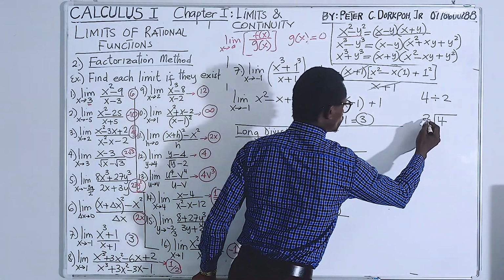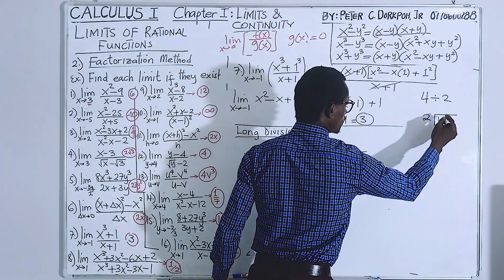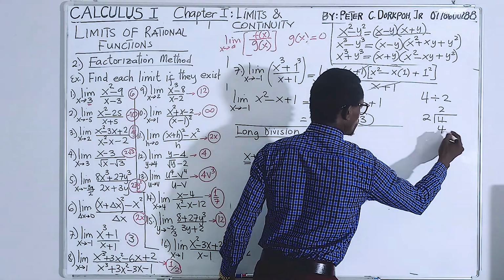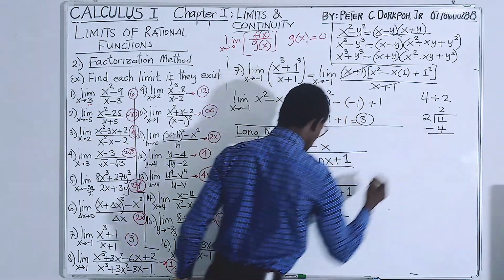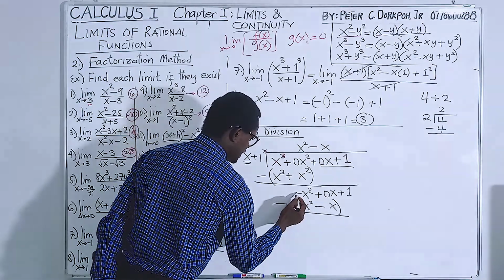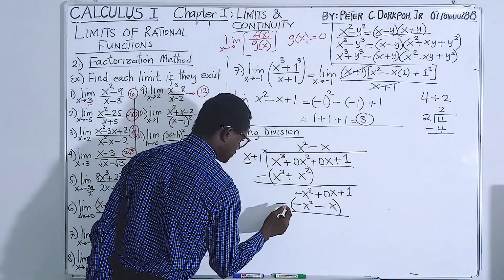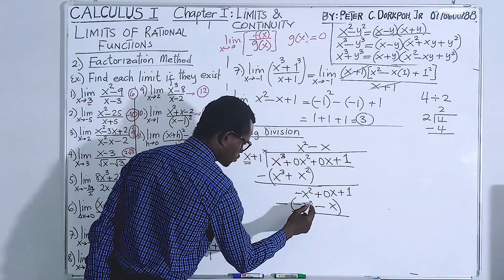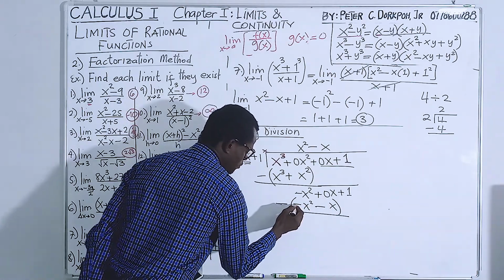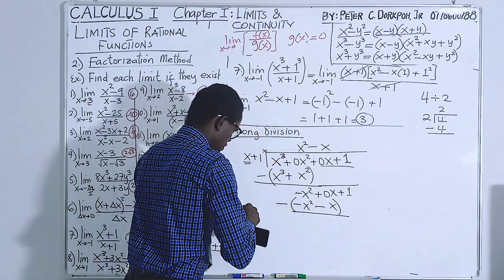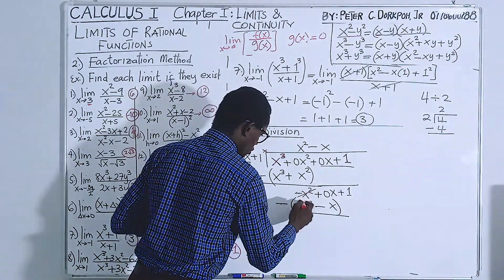Remember, whenever you say 2 goes into 4, it goes there 2 times, right? 2 times 2 is 4. You can draw a line and you subtract. That's the same thing we're doing here. You subtract. So negative x squared minus negative x squared: the signs are different, it means they must go out.